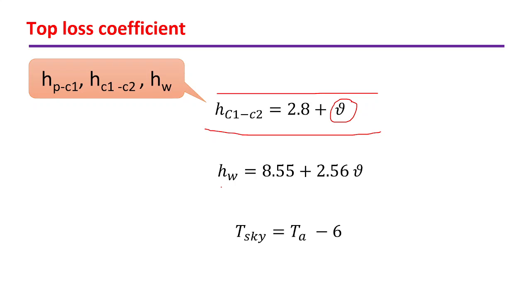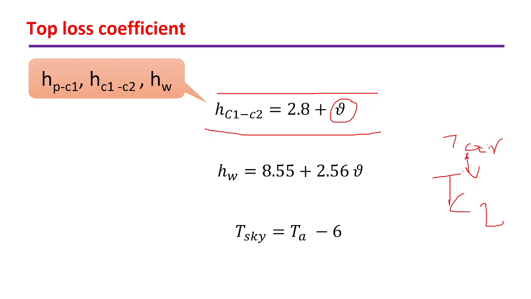Then there is H omega. Here we suppose that Tc2 is our uppermost plate, and after that there will be air, so we calculate the average temperature between the air and Tc2.